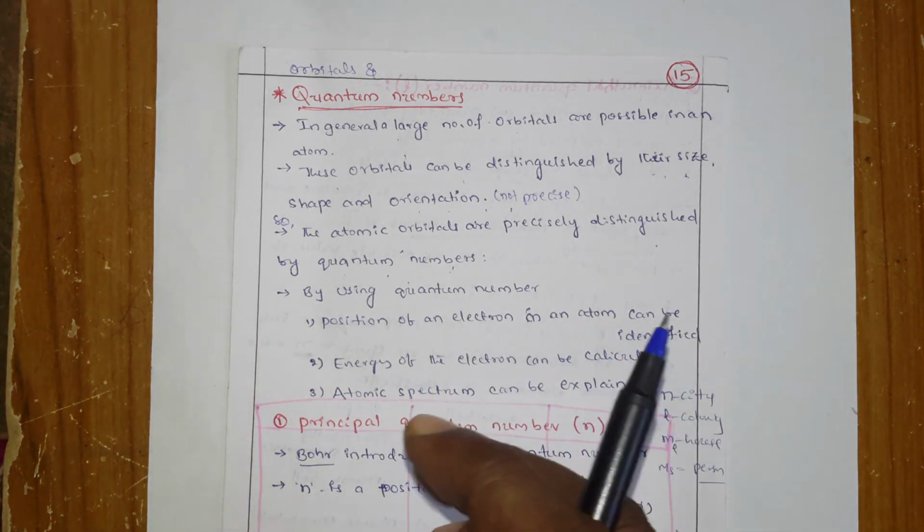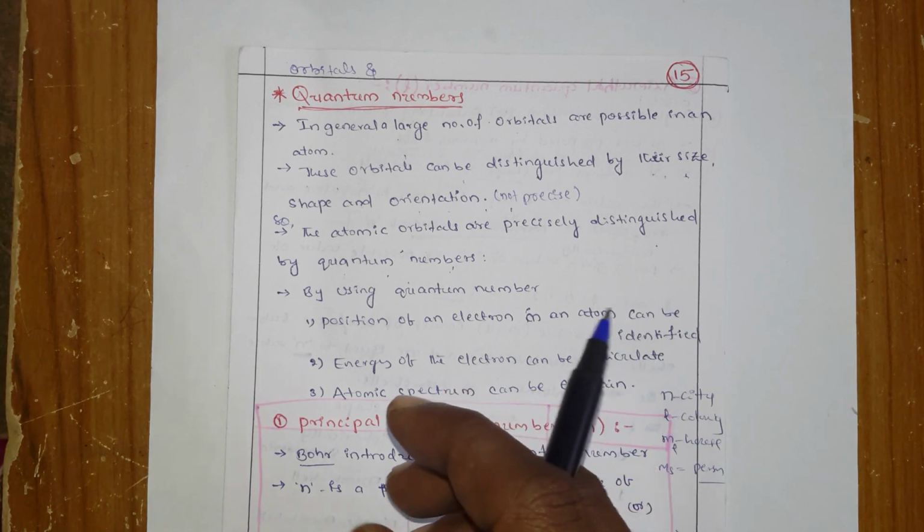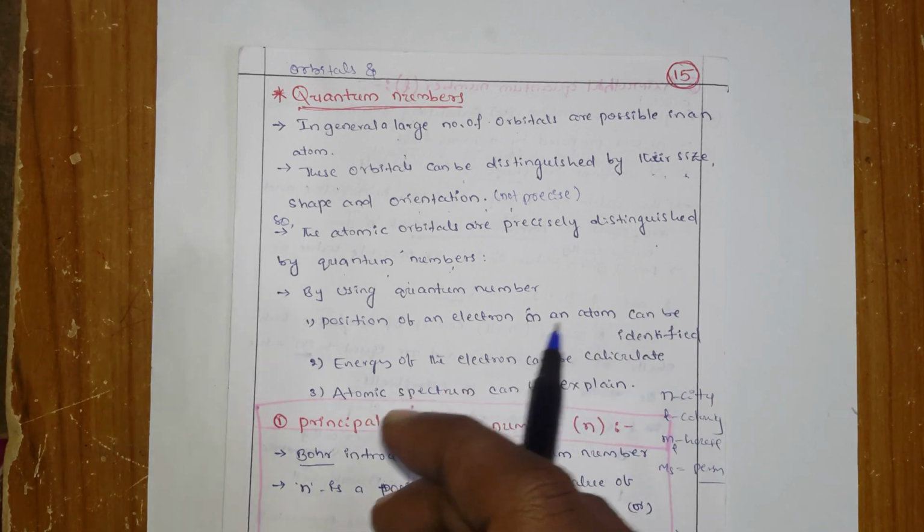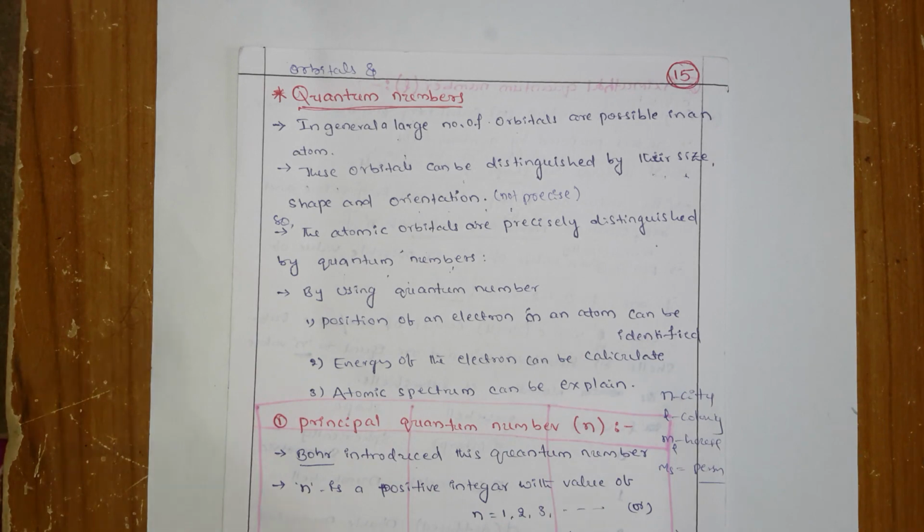It is very simple, like your postal address. Our India is very large, and in it there are many houses, like many orbitals. How can you distinguish them? If I write a letter, how will it reach you? For that you have an address.